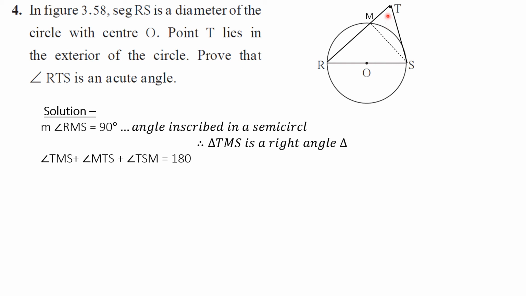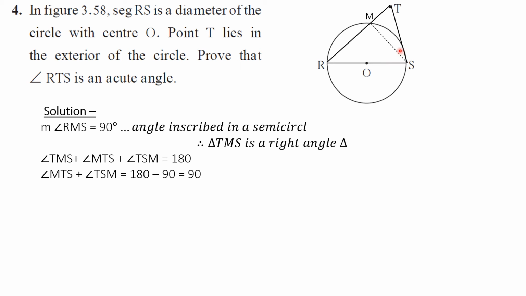Then in this triangle, angle TMS, that is this angle, plus angle MTS plus angle TSM is equal to 180 degree. Reason: angle sum property of the triangles.